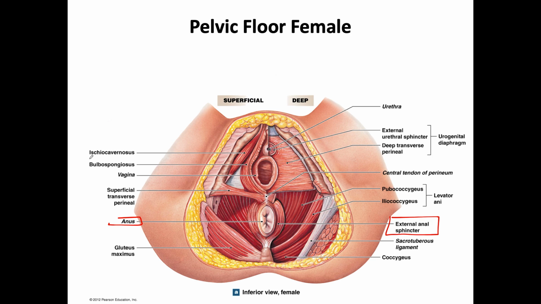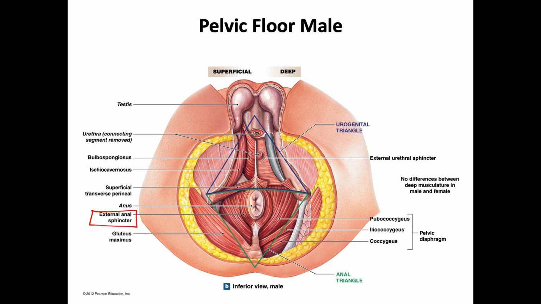Another one here is the bulbospongiosus. Okay, so that's involved with the erection of the clitoris in the female, and then also erection of the penis within males here. Bulbospongiosus. So we share a lot of the same anatomy, and this is where those models really shine in the back. So please, again, take a look at those.